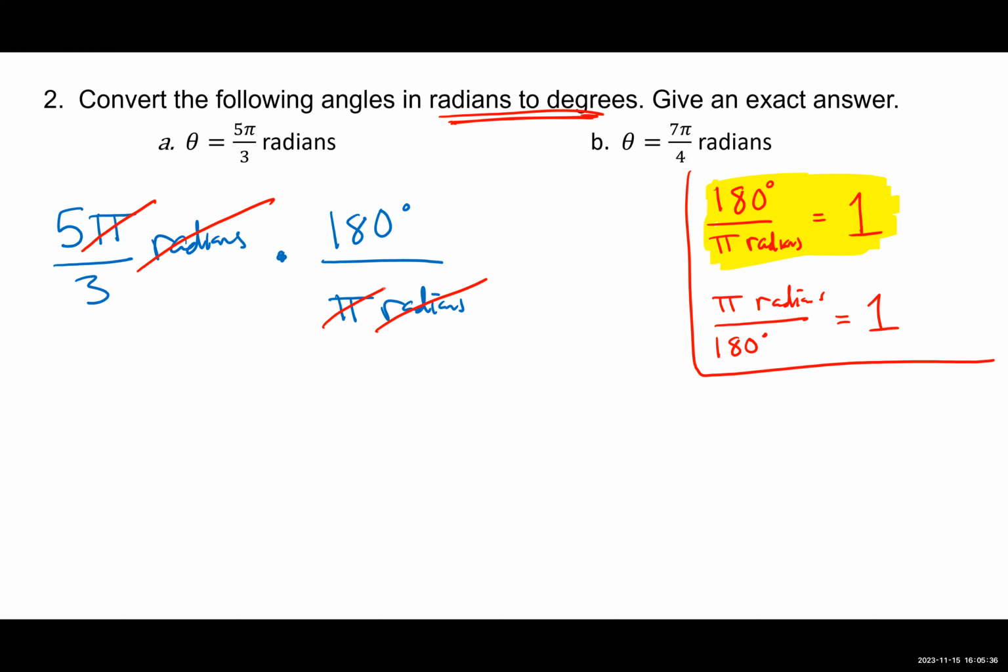We have a pi on top, pi on the bottom. So we get 5 times 180 degrees over 3. 5 times 180 is 900. And 900 over 3 is 300.